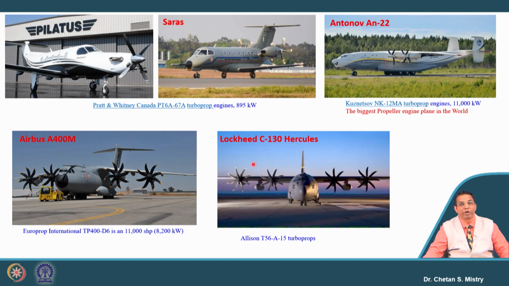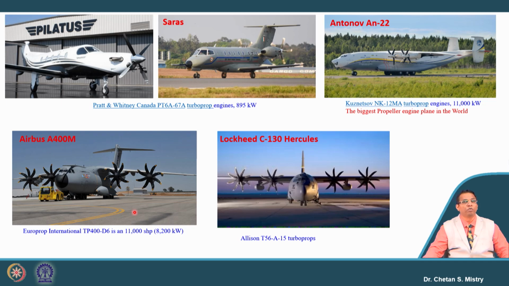Similarly, this is the Airbus A400, mainly for military purpose, which also has 4 propeller engines. Similarly, this is the Lockheed C-130 Hercules, which also has a turboprop engine, fitted with the Allison T56. And here in this case, this is with the TP400-D6 engine.